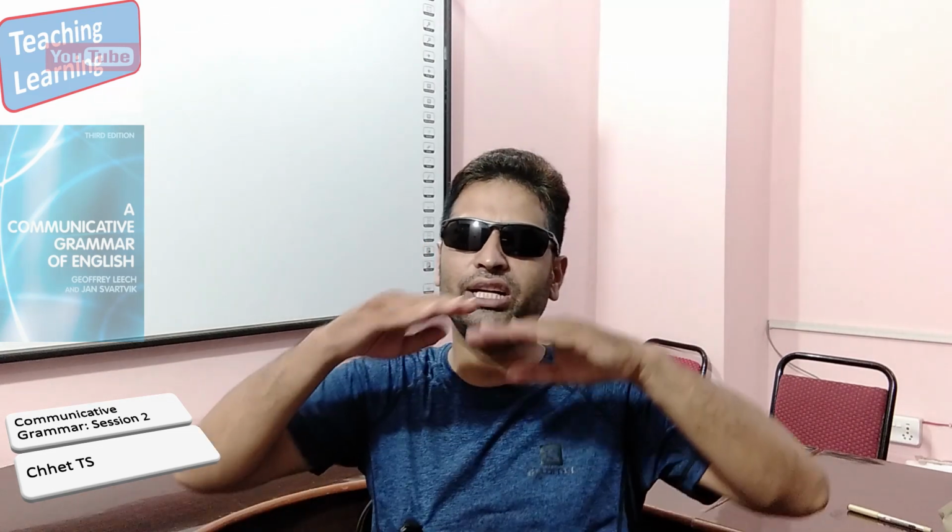For example, here is one beautiful example. Let's see the same example from the book. The North Pole and the South Pole are equally distant from the equator. So the equator is in the middle. Obviously, this is very general knowledge in geography. Equator means the middle of the earth, and the North Pole and South Pole are both at equal distance.